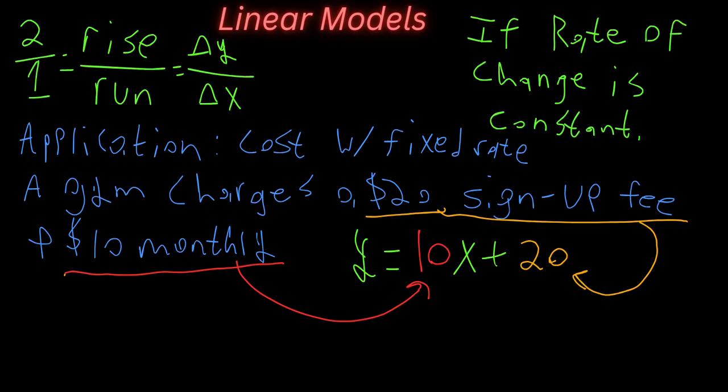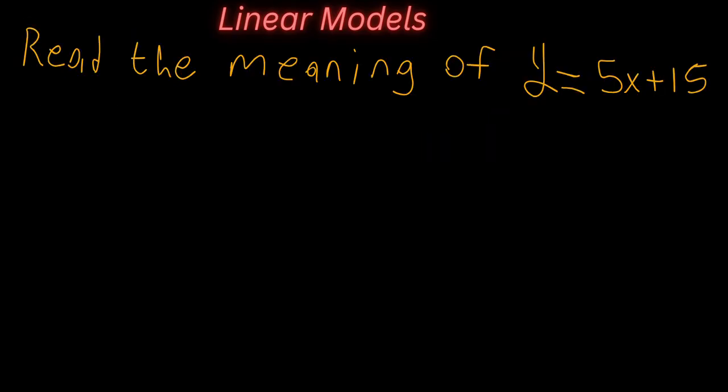Let's read meaning from an equation, but first I'm going to erase what's on the board. Here I've asked you to read the meaning of y equals 5x plus 15. So think about it for a moment, pause if necessary, but allow me to explain. So we're given y equals 5x plus 15.